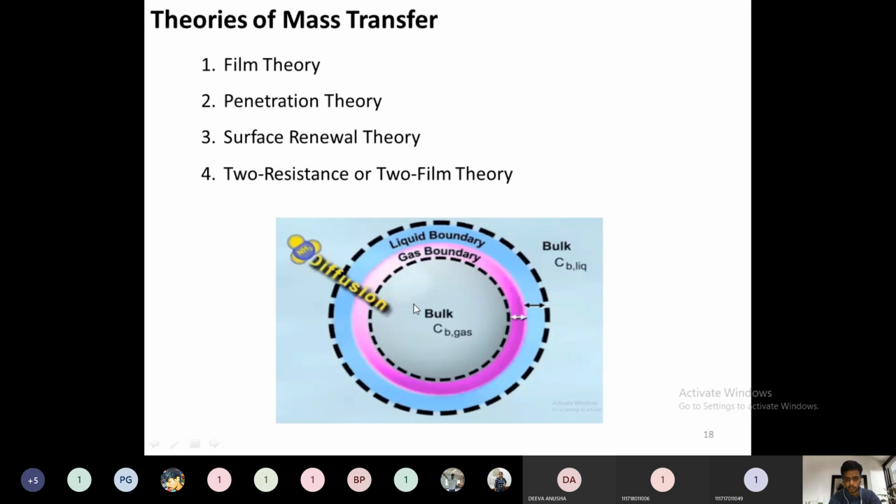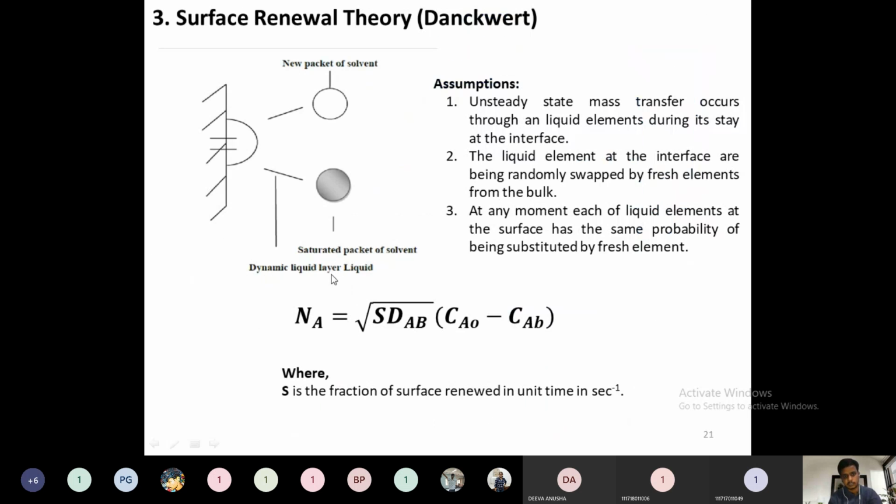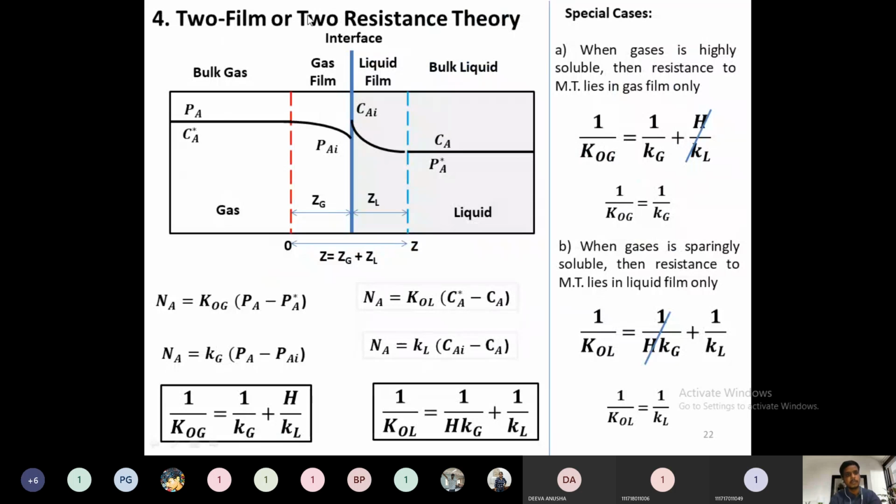Now when you see the concentration profile, consider NH3 present in the bulk gas and getting transferred towards the liquid phase. The concentration profile will look like this. In the gas phase, we usually indicate the concentration of any component according to its partial pressure; in terms of pressure we tell the concentration of that particular gas. This is the overall gas phase, and this is the interface which separates the gas phase and liquid phase.